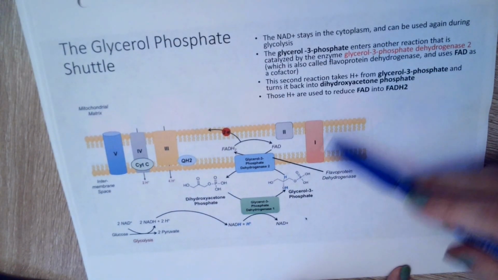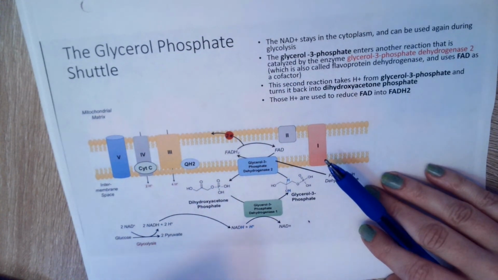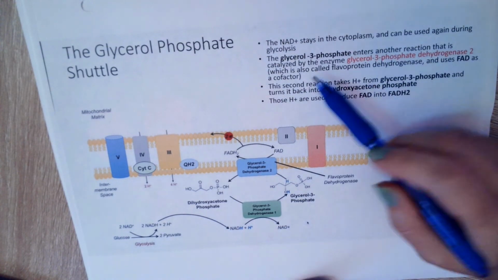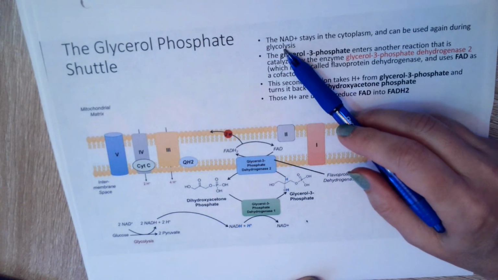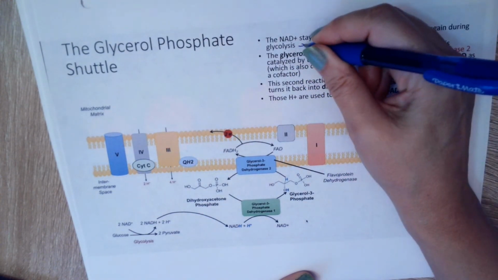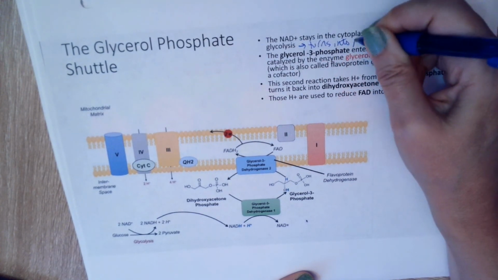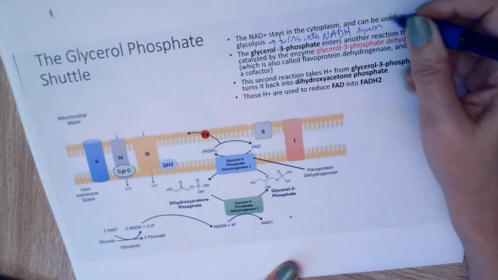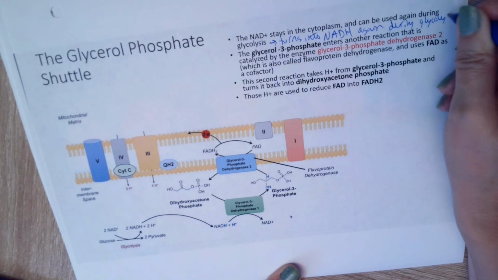Okay, so this slide is just a reiteration of the previous slide, giving all the details listed in bullet form. Just reminding you that the NAD+ is going to stay in the cytoplasm. We can turn it into NADH again the next time we do glycolysis, which is pretty much constant.